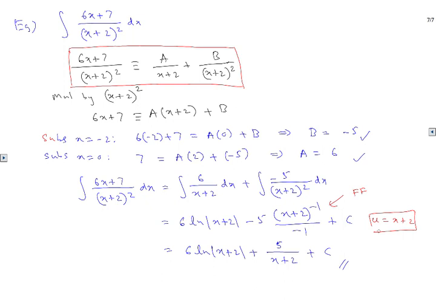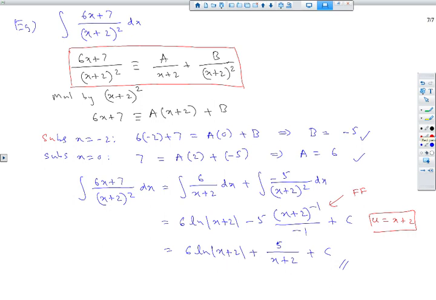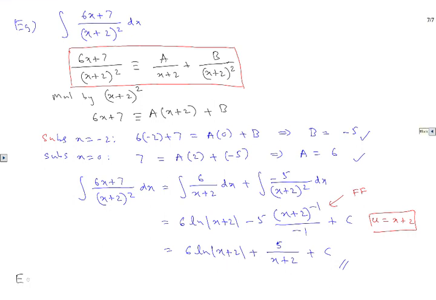I'm going to give you an exercise you can try. So how about this one? This is an extra problem. The problem is integrate x plus 3 over x cube minus 4x dx.